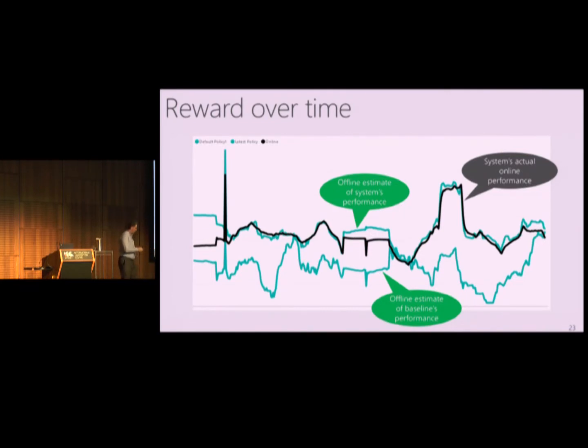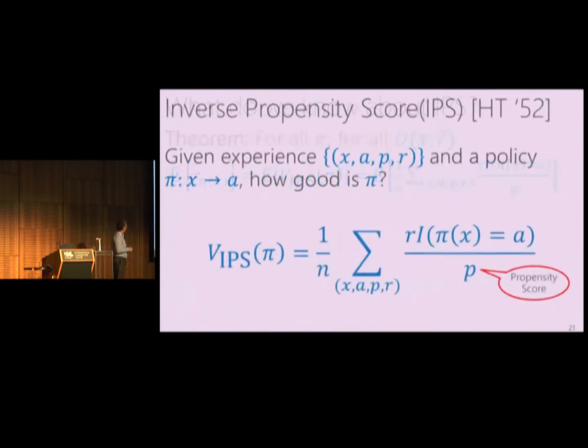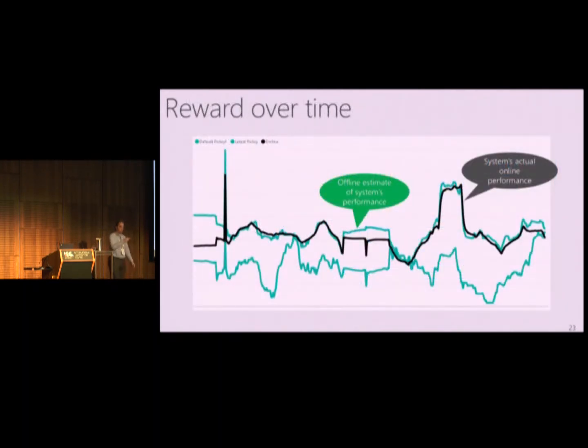What I mean by counterfactual is not the history which is actually observed, but using IPS. The black is what is actually observed, so if you just record the rewards that you're getting over time. And the other ones are these estimates according to this slightly more sophisticated than IPS approach.